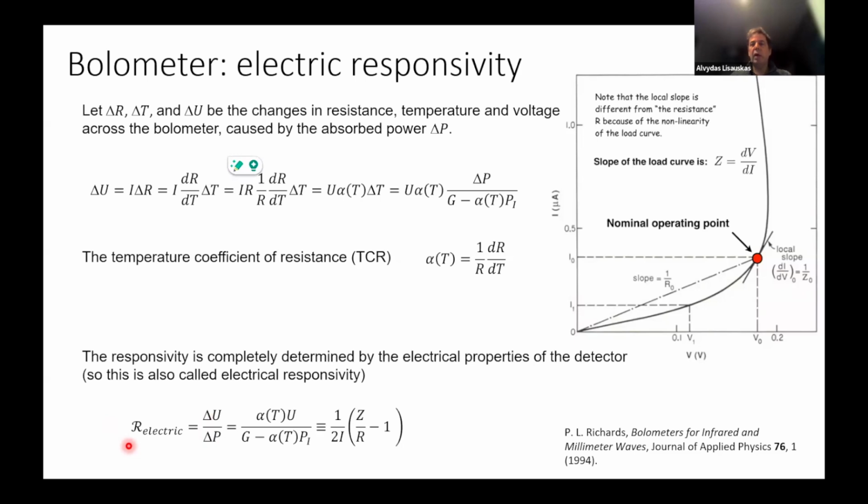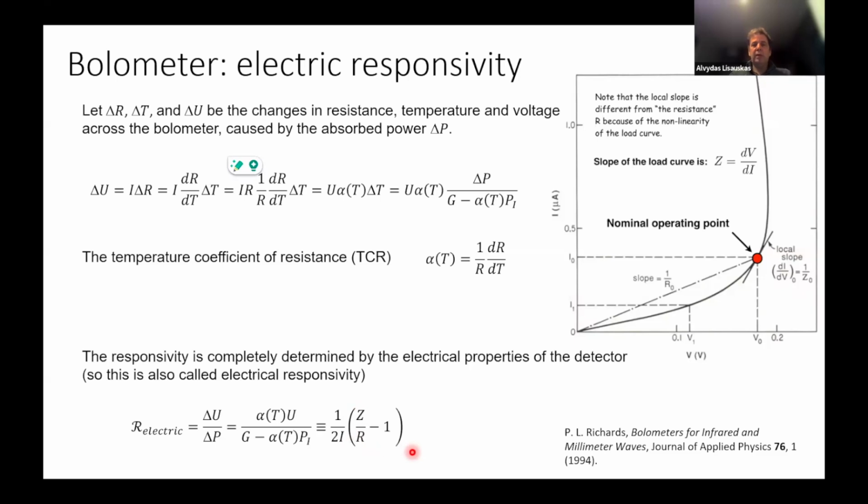Since we apply the change of power in terms of Joule heat directly in the device, due to its resistance, we can relate it to the bias current, then the differential slope of the load curve to the resistance of the device, just the voltage over current ratio.